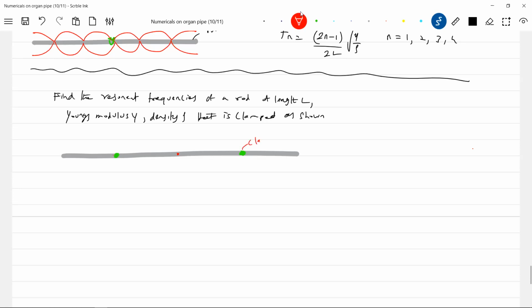There's a clamp. No, you have to calculate the resonant frequencies. No, this is okay. We'll get it very easily. So the first part, I'll start with this one.